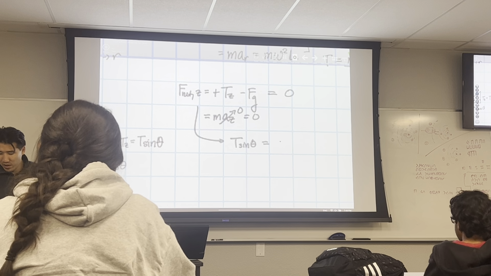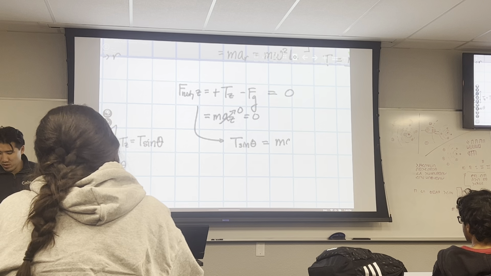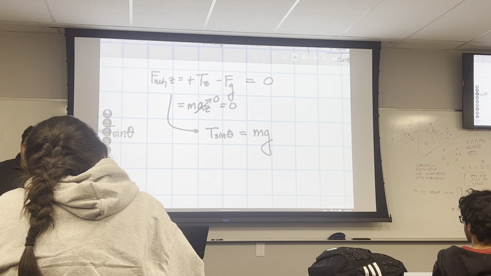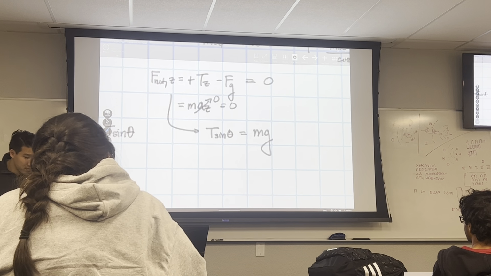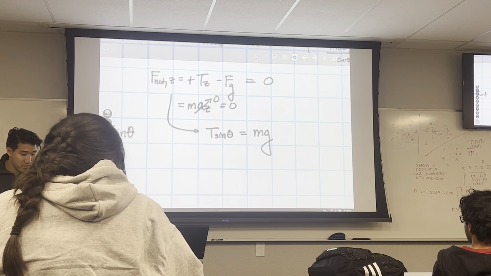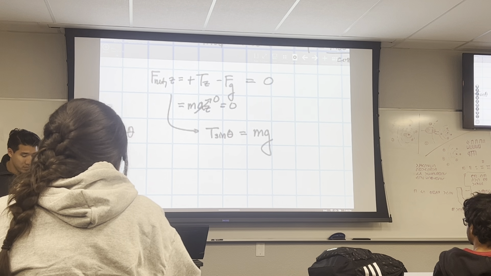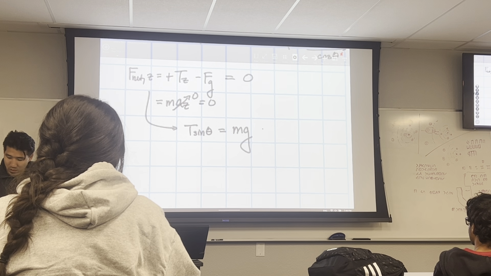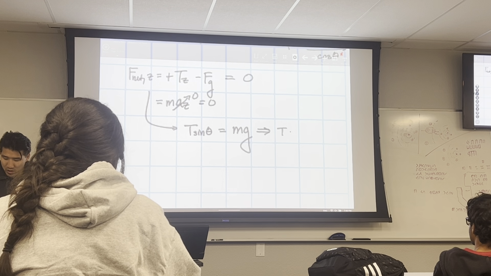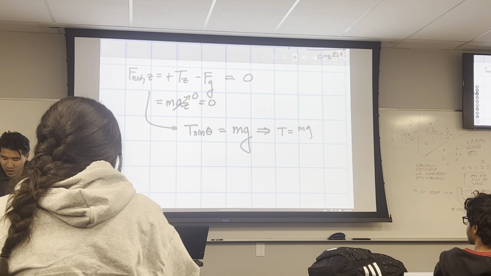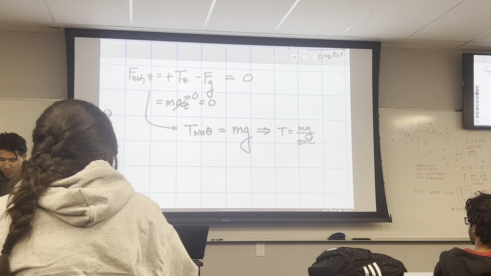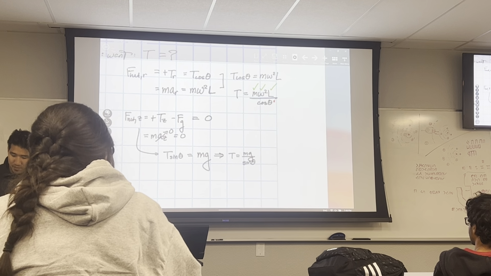Meaning T sine of theta is equal to mass times gravity, or T is equal to mg over sine of theta.